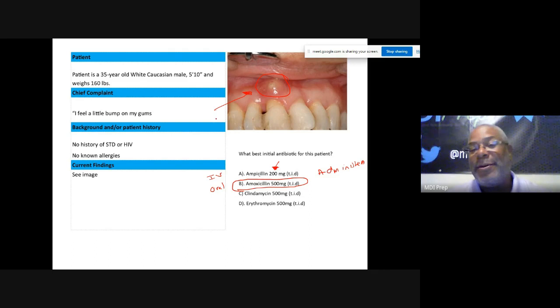What's an example? Porphyromonas, and you can have staph. Yes, good. So basically anaerobic bacteria, and staph would be one of the ones that can also cause an abscess. So the key to this one is amoxicillin.